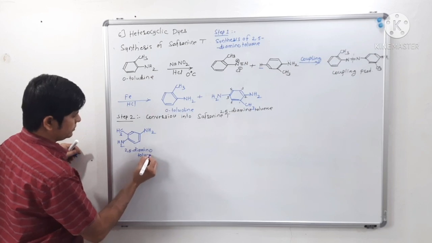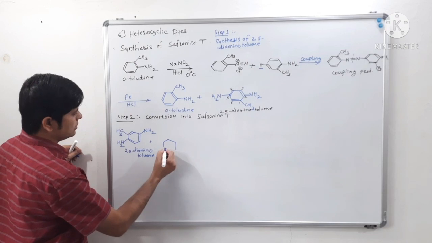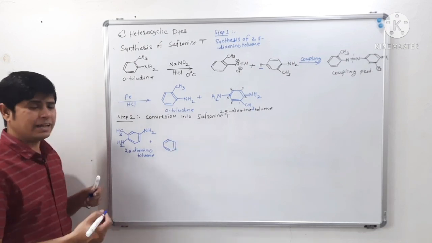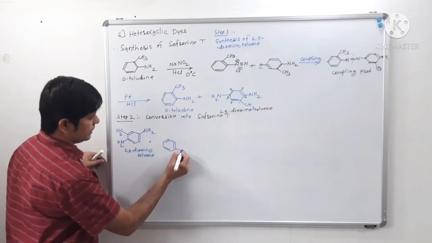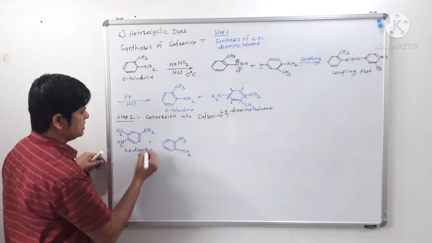Now this 2,5-diaminotoluene is reacted again with orthotoluidine, NH2, CH3.